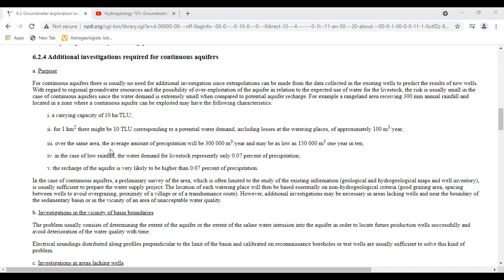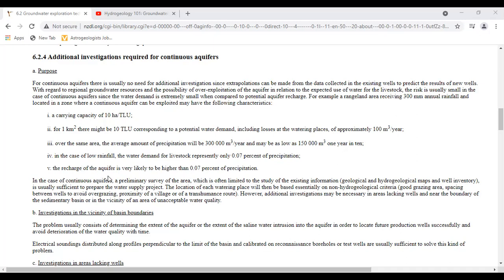Over the same area, the average amount of precipitation will be 3 lakh cubic meters per year, and maybe as low as 1 lakh 50,000 cubic meters per year. In the case of low rainfall, the water demand for livestock represents only 0.07% of precipitation.